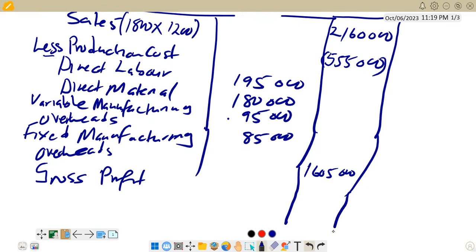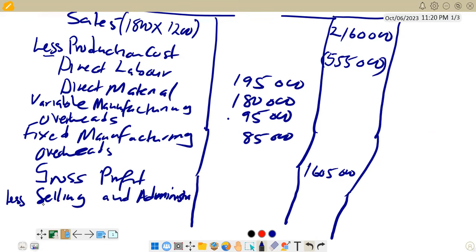Then we continue with our lines, because we still have selling and administration costs. So you're going to subtract those here, less selling and administration costs. Those are the ones that we want to put there.